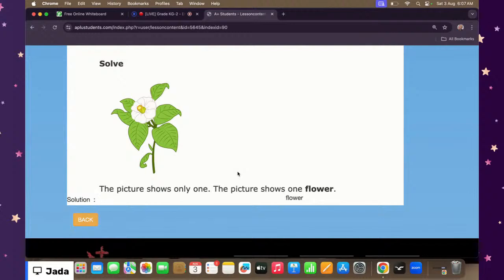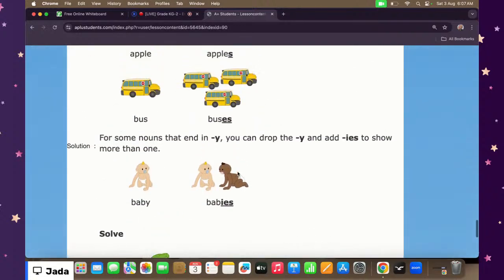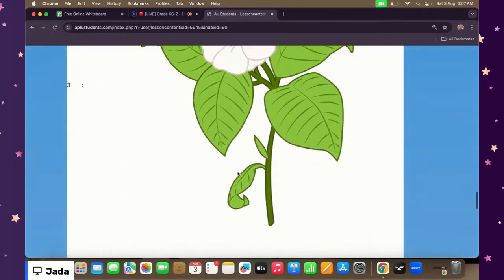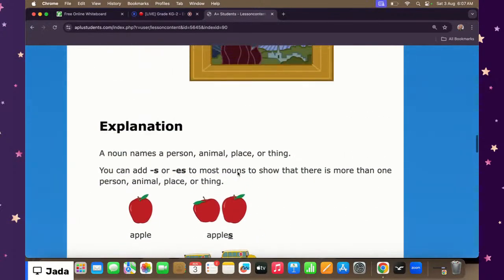How many flowers can you see? We can see only one flower, so we will say flower. That's all. But if it's more than one, like two or three, you say flowers. You add s to it. So let's look at some more examples before we go to the test.